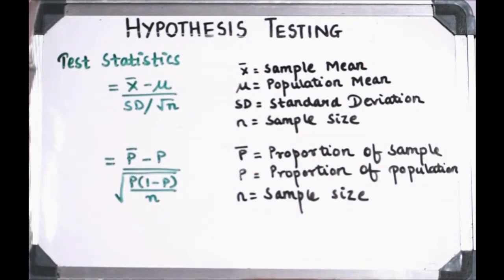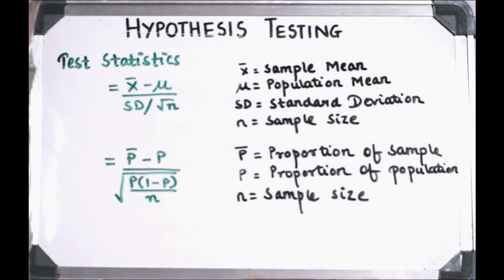This is the basic difference. X bar is the sample mean, mu is the population mean, and n is the sample size. And if you are dealing with proportions, then the formula would be the bottom one, p bar minus p divided by root over p into 1 minus p divided by n, where p bar is the proportion of the sample and p is the proportion of the population.